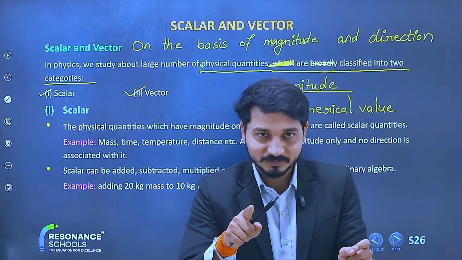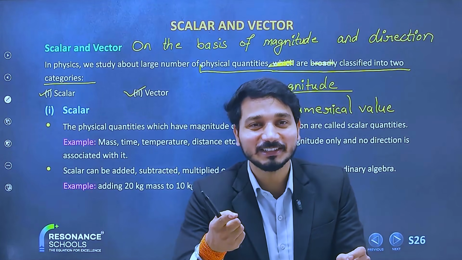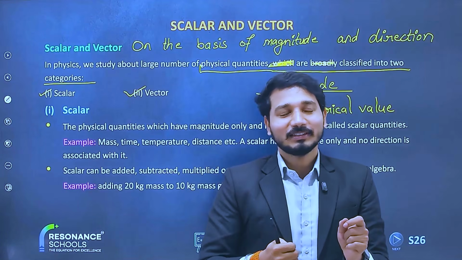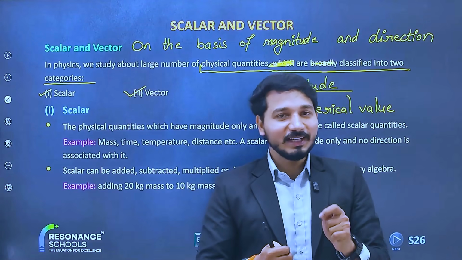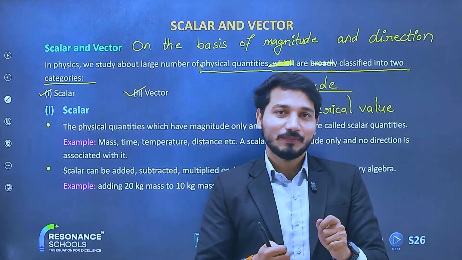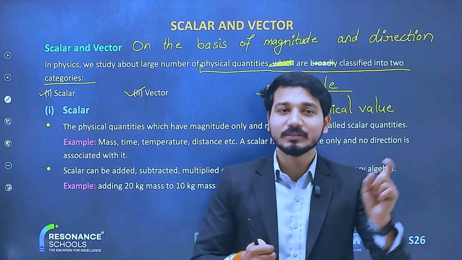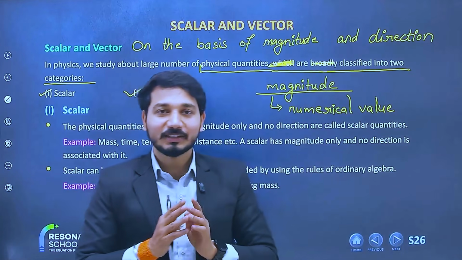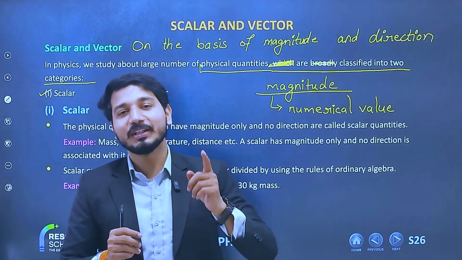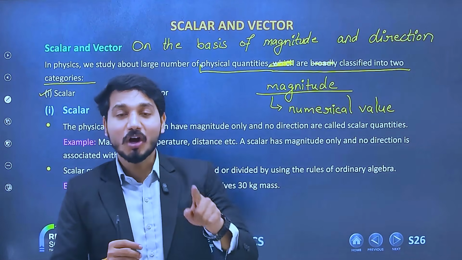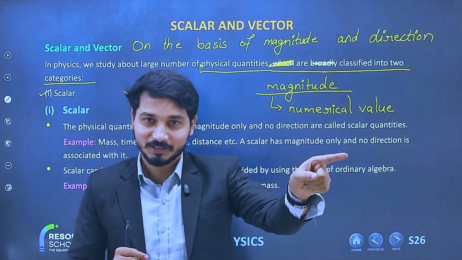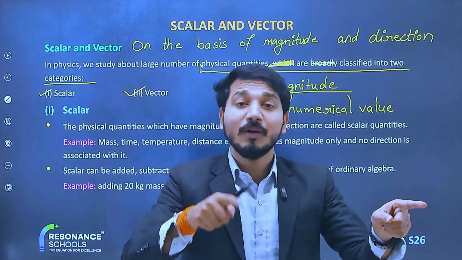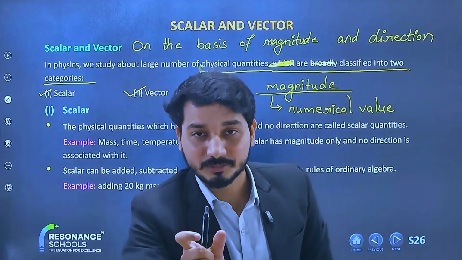But the twist is here. If you answer, sir, my school is 10 kilometers away from my home towards north, or, sir, my school is 1 kilometer away from my home towards east, then in this answer you are also mentioning the direction.